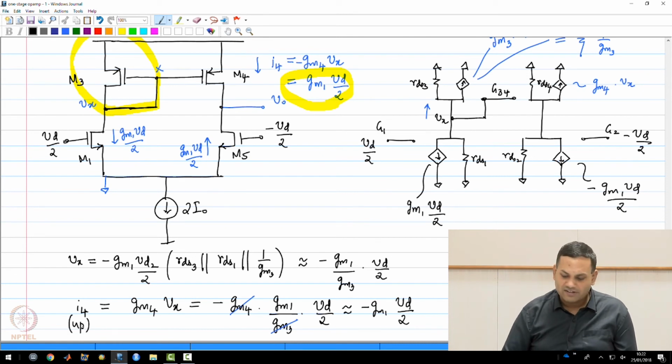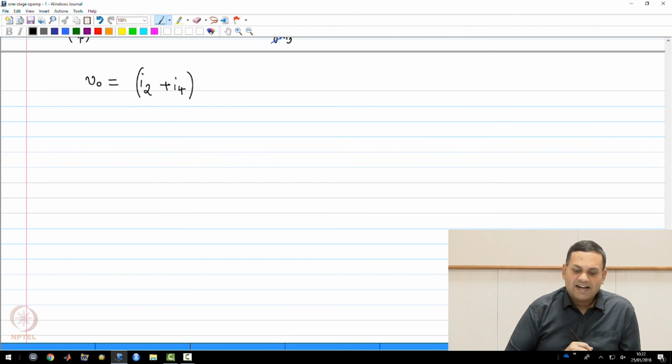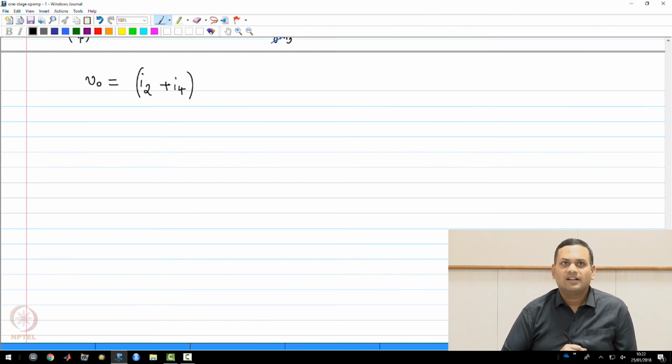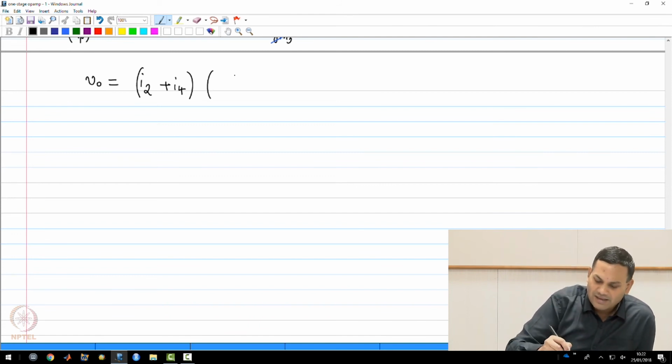So this is the upwards current, and the downwards current shown in the figure is now Gm1 Vd by 2. And Vo at the output node is the sum of these two currents times the impedance, which is RDS2 parallel RDS4.